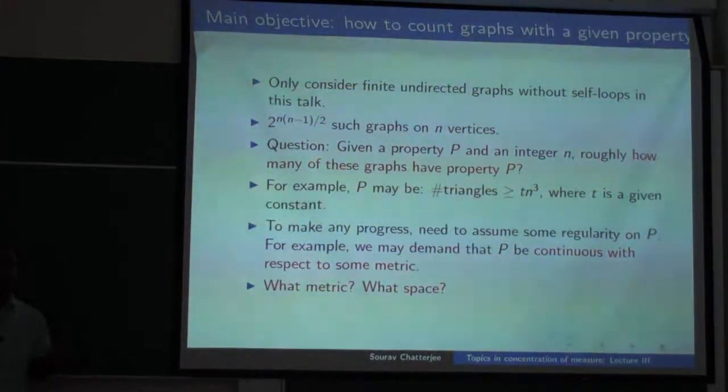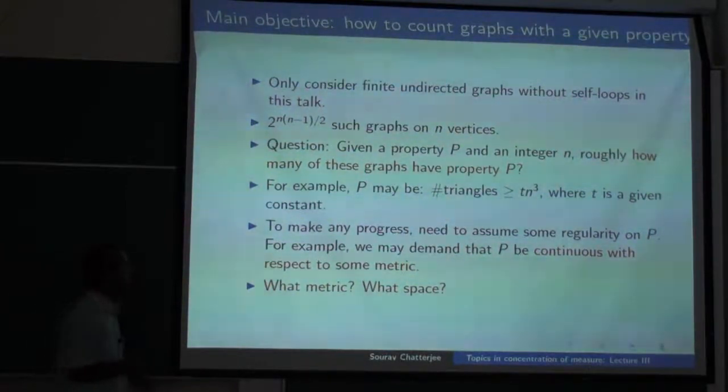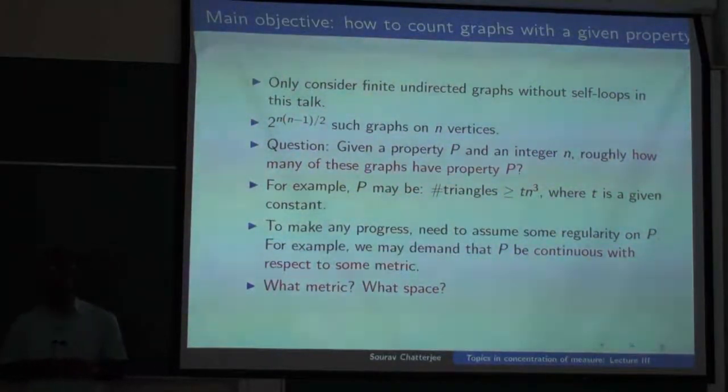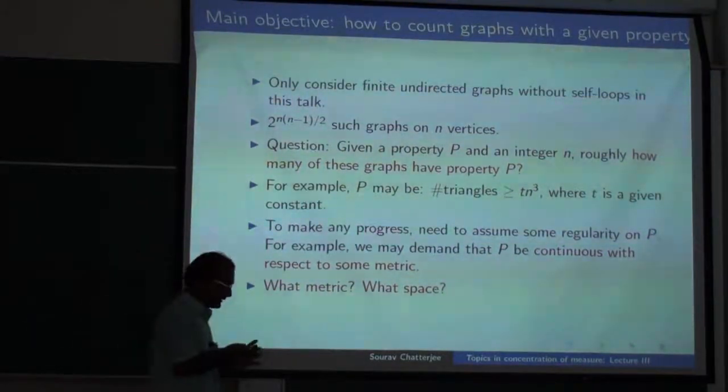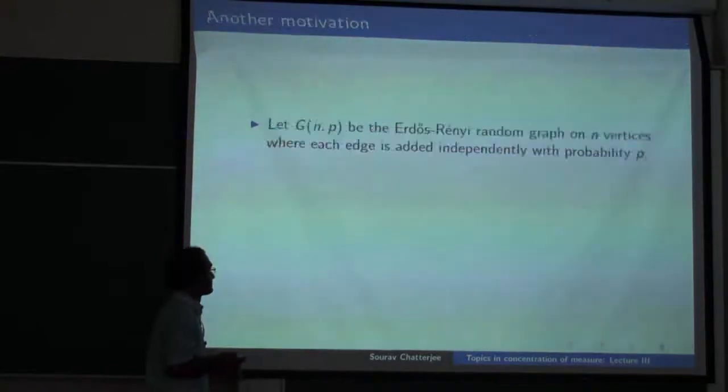There are 2 to the n choose 2 such graphs, and we are considering the number of graphs with some given property. So surprisingly, even this question, which seems very basic, was open; people didn't have any idea how to deal with such questions before this work.